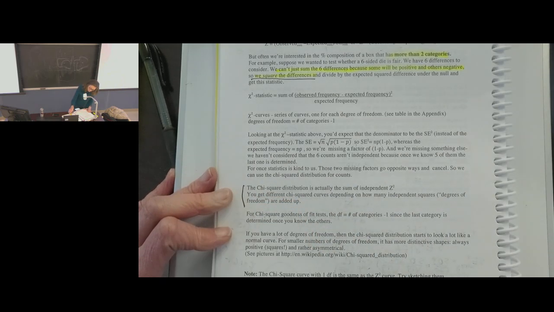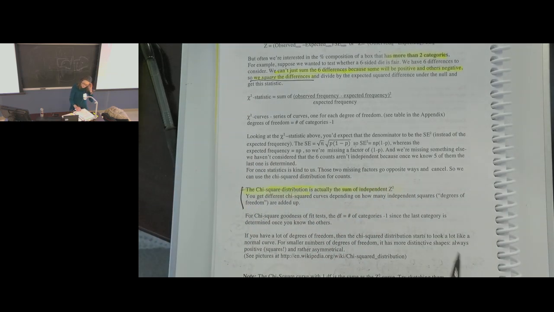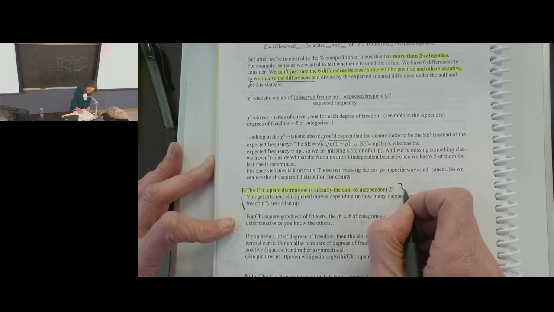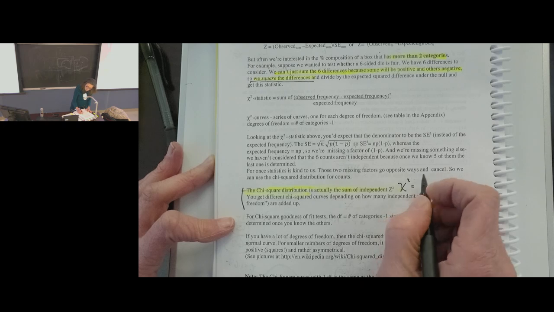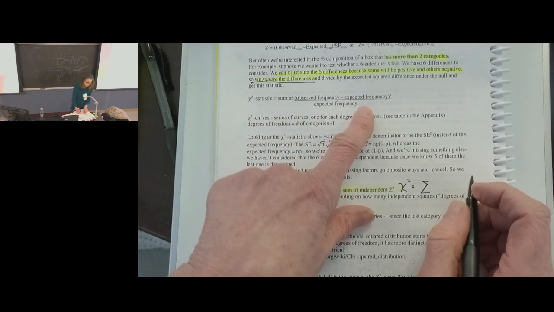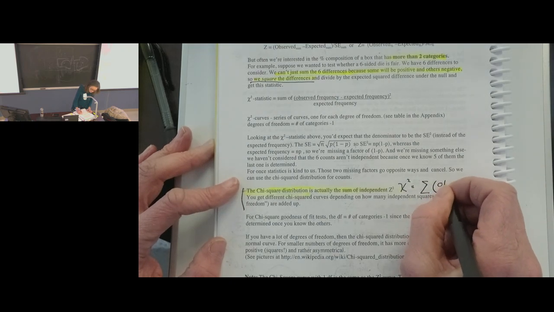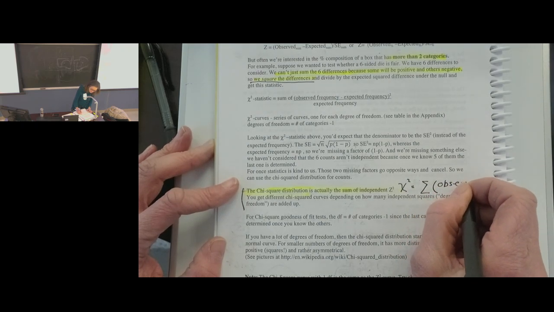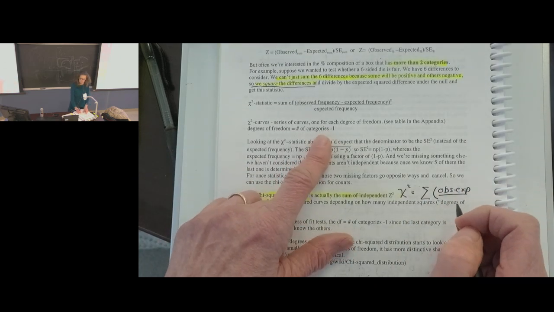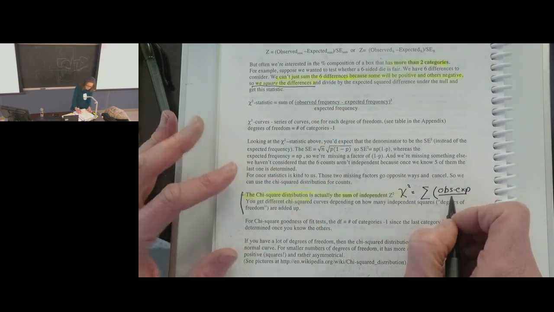It's the sum of independent z squared. So chi-squared really is the sum of the observed minus the expected, over some standard error, not this frequency, some standard error.